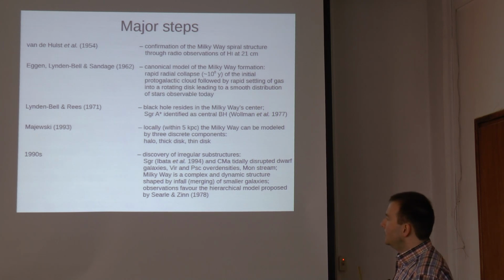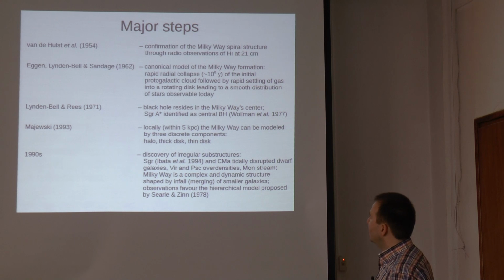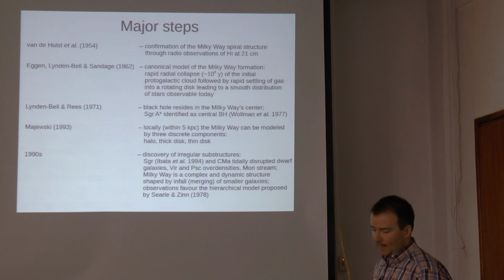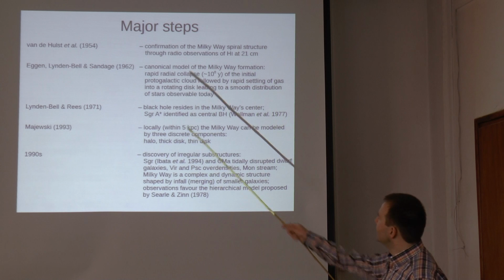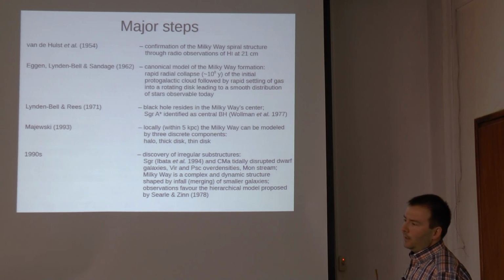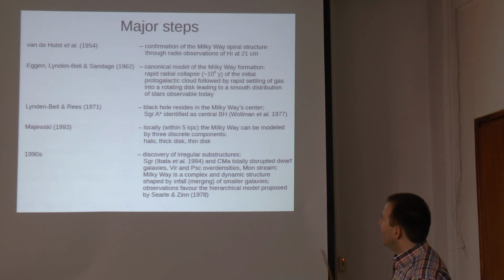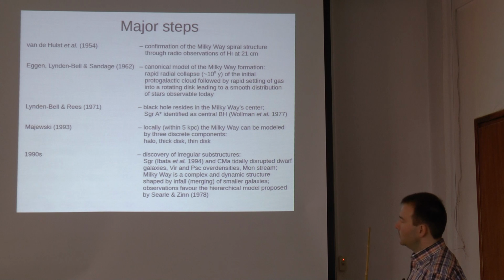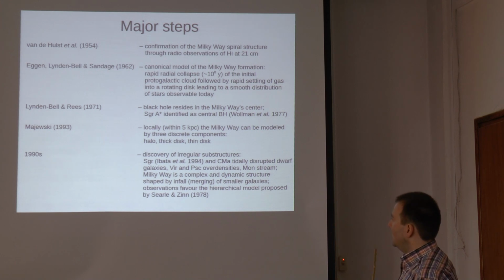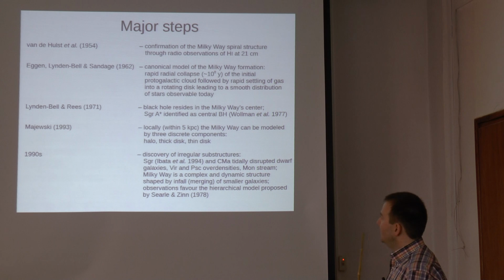Something unexpected, a substructure in the galactic halo, and later other discoveries. And then people realized that this model is not true, and a better model, the hierarchical model of formation, that the formation is continuous, with many dwarf galaxies falling onto the Milky Way, better explains what we see.